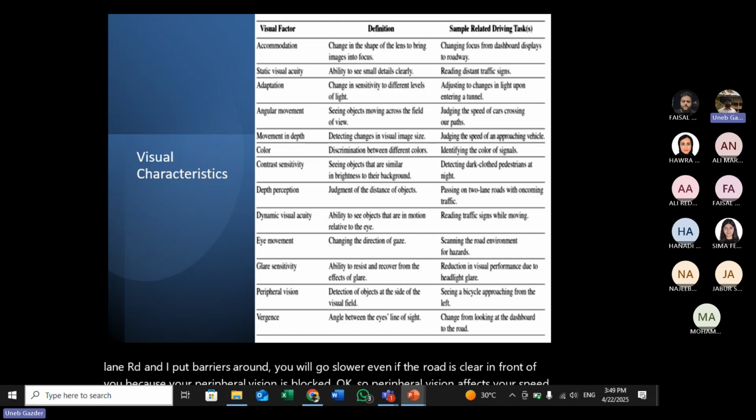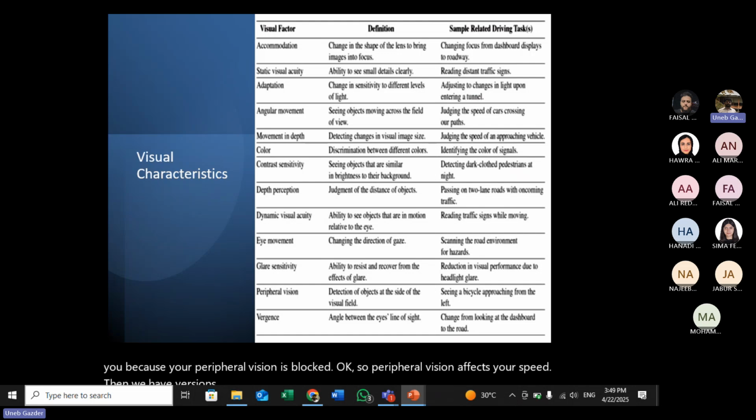Then we have vergence. You have two eyes, right? You may have seen some people who have one eye slightly tilted, so they have to tilt their head to see straight. It is a blessing from God that if you are looking straight, both our lines of sight are in the same alignment.